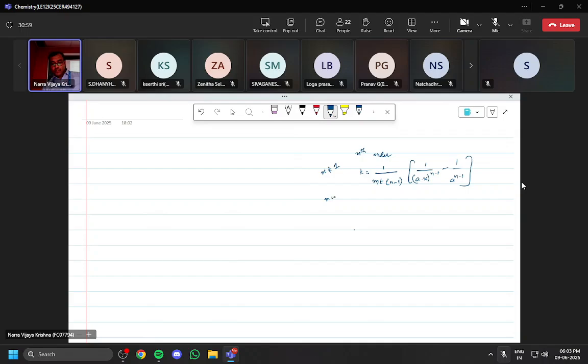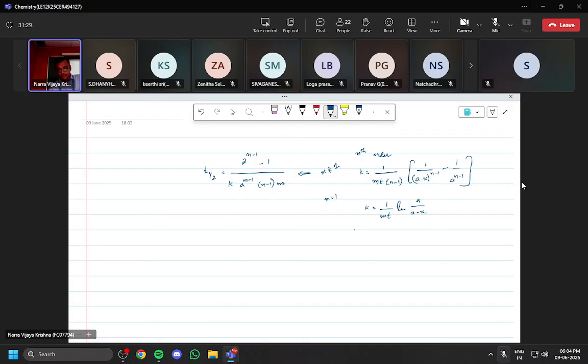If n equal to 1, what is the equation? K equals 1 upon t, ln a upon a minus x. Now what is the t half equation? t half equals 2 power n minus 1 minus 1 upon (n minus 1) k a power n minus 1, when n is not equal to 1.